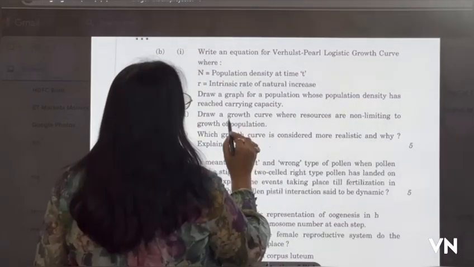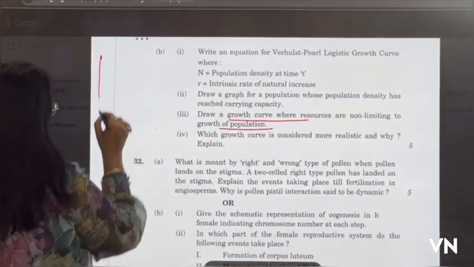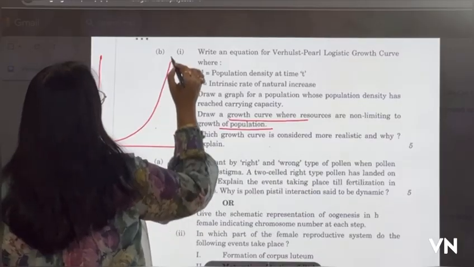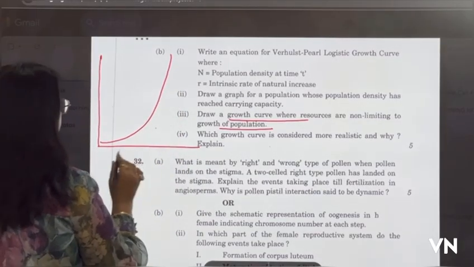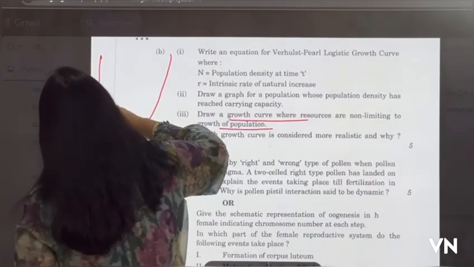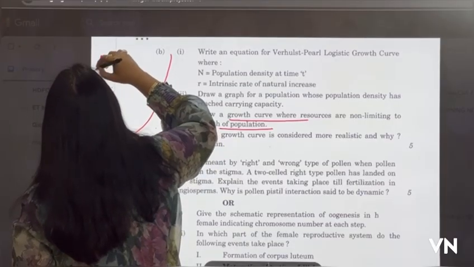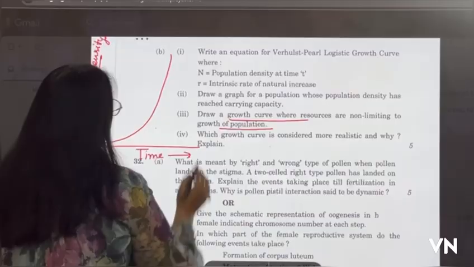Draw a growth curve where resources are non-limiting to growth of the population. For this, the graph will be like this, J-shaped, and it is called the exponential growth curve. This side time and this side population density. Third question is done.